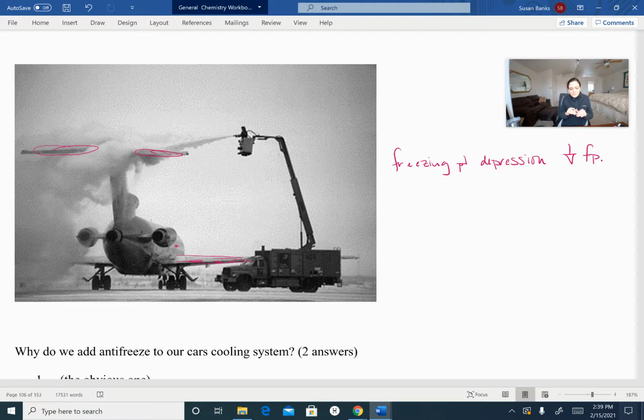If those flaps in the wintertime go up in the air and freeze and they can't move, that means the pilot cannot control the plane and the plane is going to end up crashing. So we use these de-icing solutions to keep the plane's flaps movable so we can control the plane and have a safe journey.